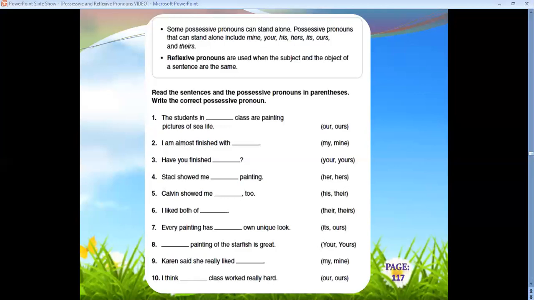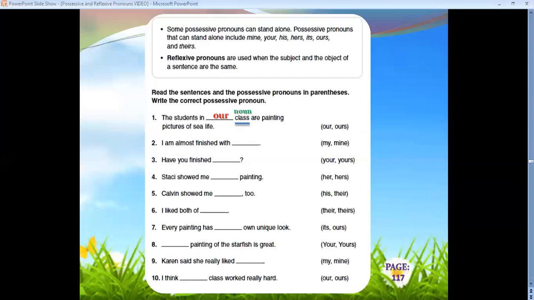Yes, it is. So, when I have a noun after, do we use possessive adjectives or possessive pronouns? Our or ours? Our class. Let's check. Yes, that's right.